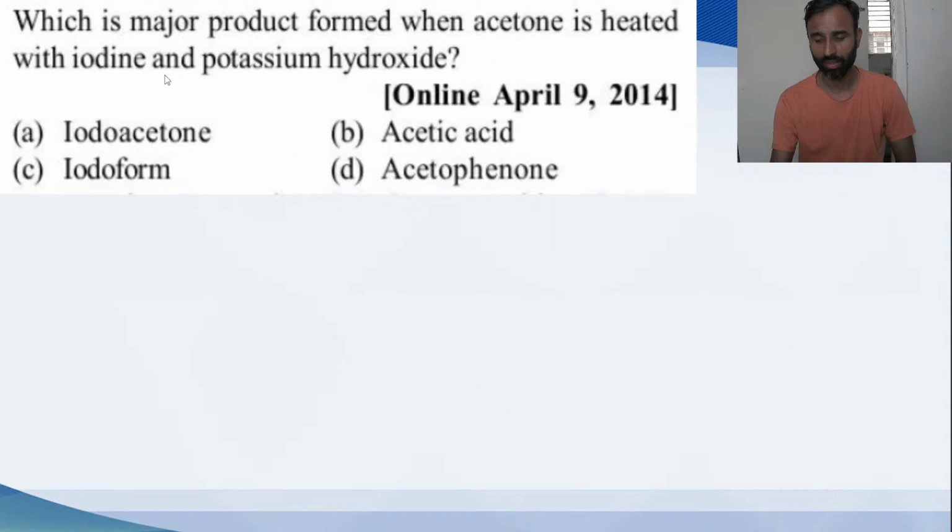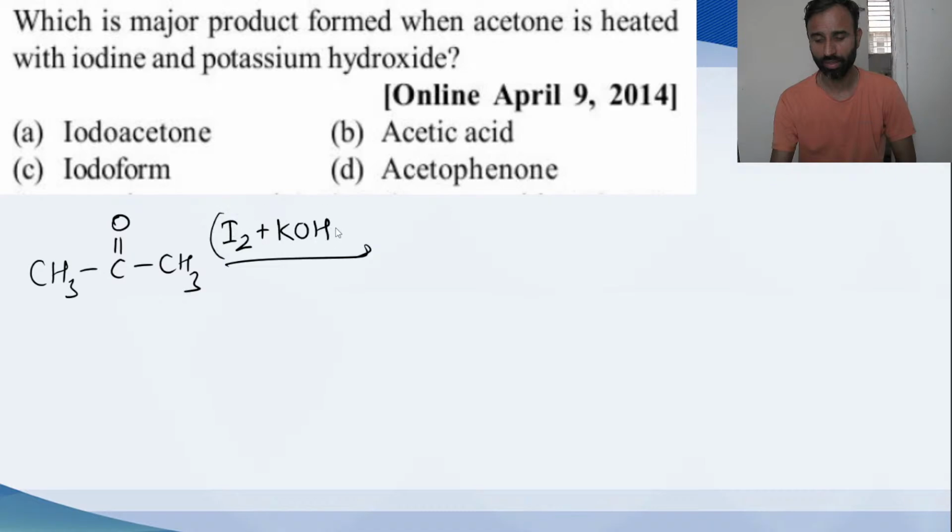Next. Which is the major product formed when acetone is heated with iodine and potassium hydroxide? First, tell me the name of this reaction. This is acetone on heating with iodine and potassium hydroxide, or sometimes it is written as KOI, potassium hypoiodite. This is the iodoform test, iodoform reaction.